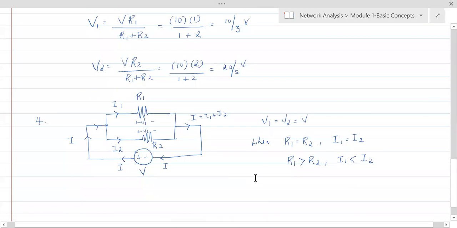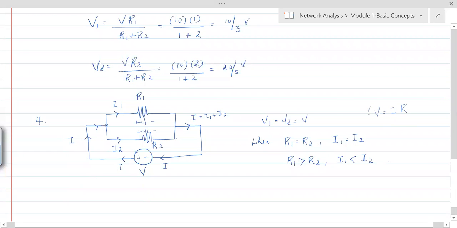Similarly, suppose there are parallel resistors. What is constant? Since R1 and R2 are in parallel, and the voltage we have applied is also in parallel with these two, V1 is equal to V2 is equal to V. So V is a constant. It's not changing. Now, V is equal to IR.